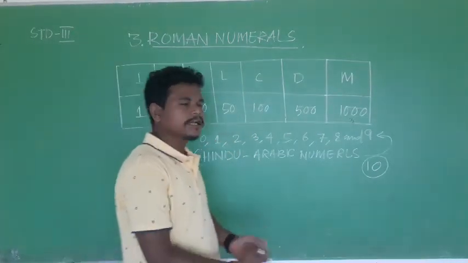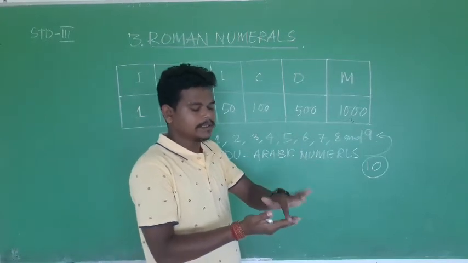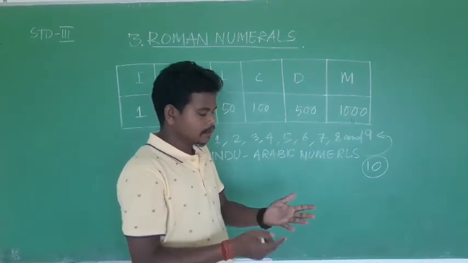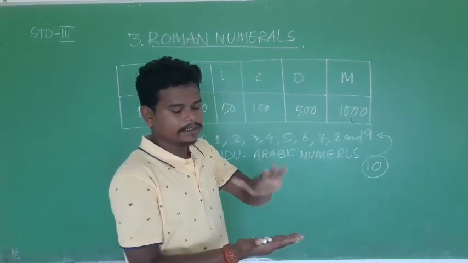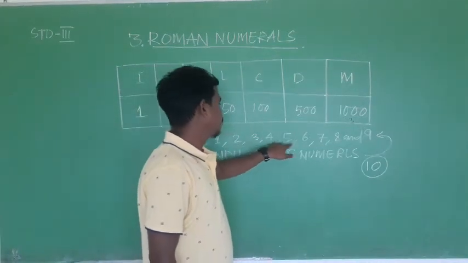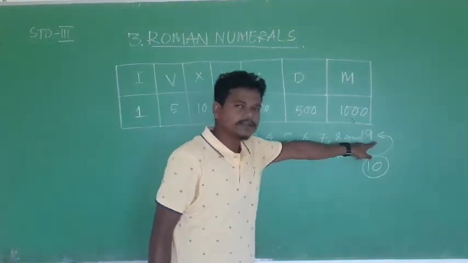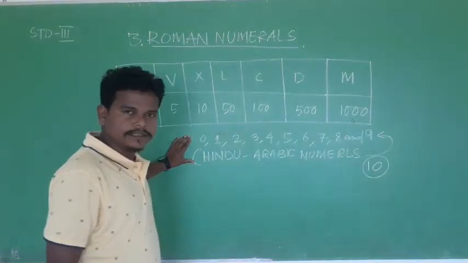But they were counting like this: 0, 1, 2, 3, 4, 5, 6, 7, 8, and 9. That is why there are 10 digits.